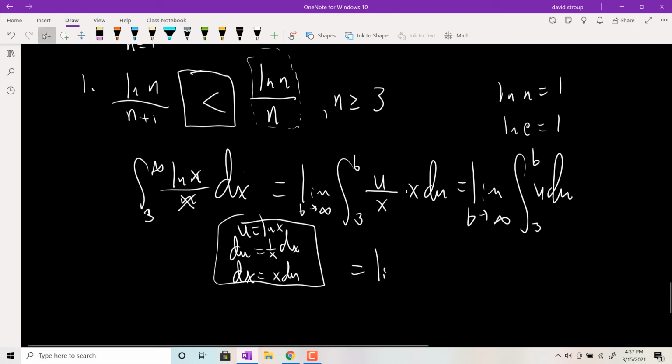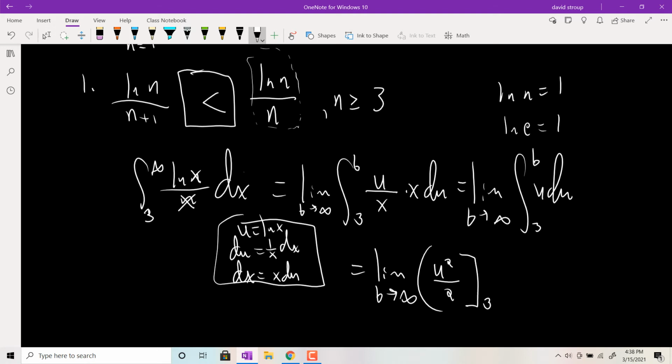We get u squared over 2. I'm thinking this one ain't going to work out either. Well, what a nightmare this one's turning into. Let's just see.